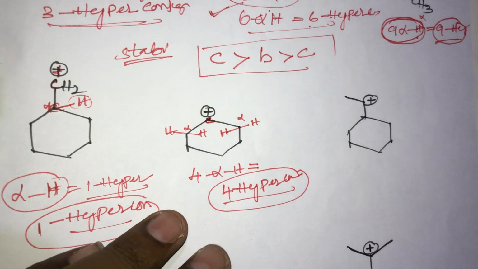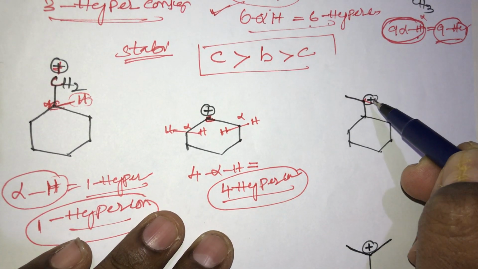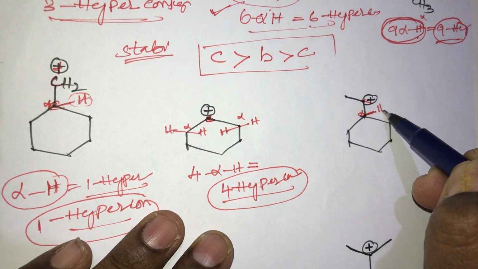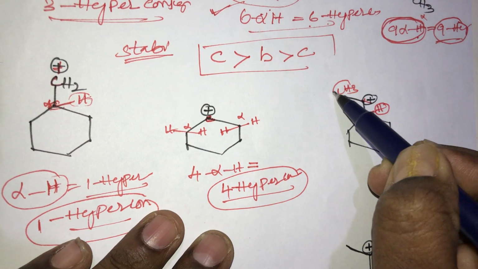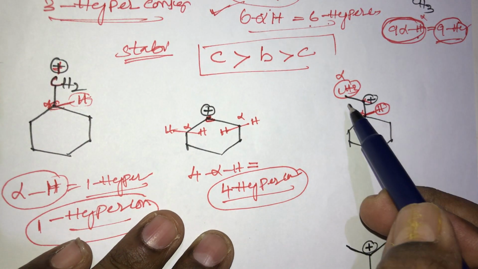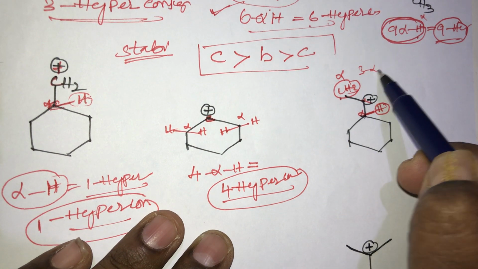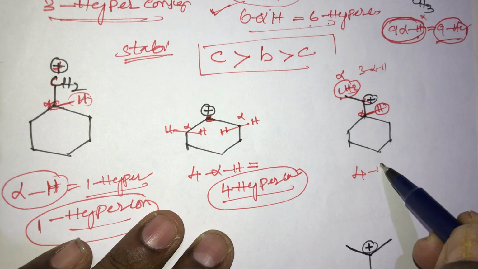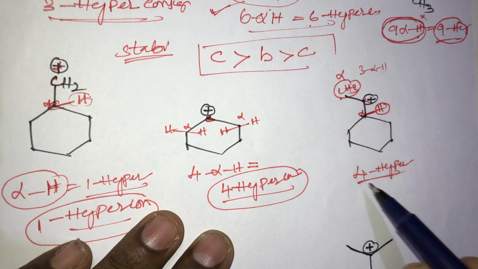What about the third one? This is also a secondary carbocation. The carbon beside it is an alpha carbon with only one alpha hydrogen, and this CH3 group is also an alpha carbon having 3 alpha hydrogens. So in total, 4 hyperconjugates are present in this compound.